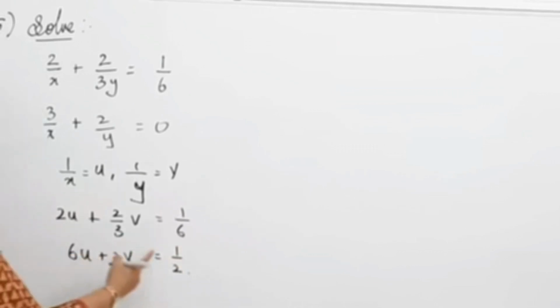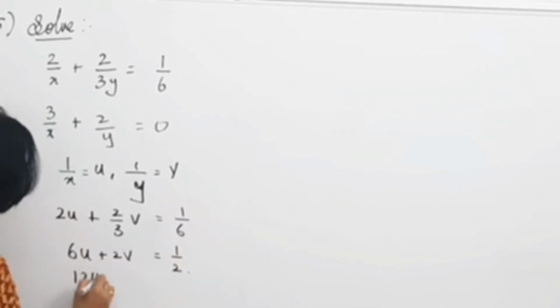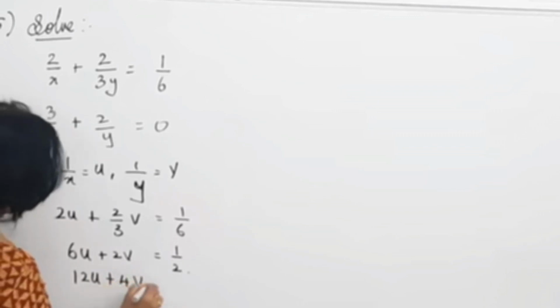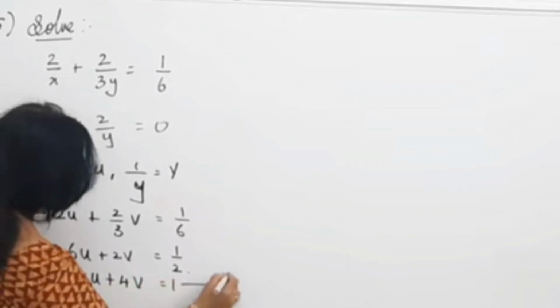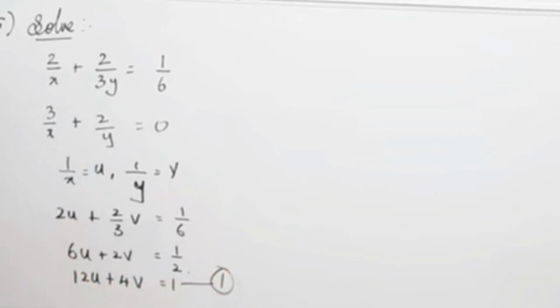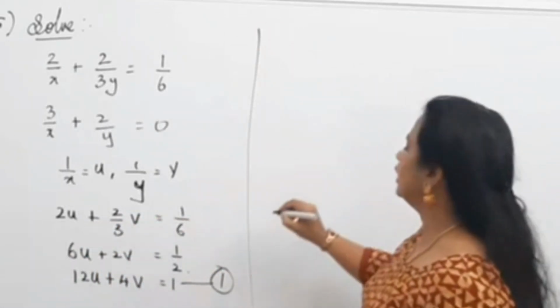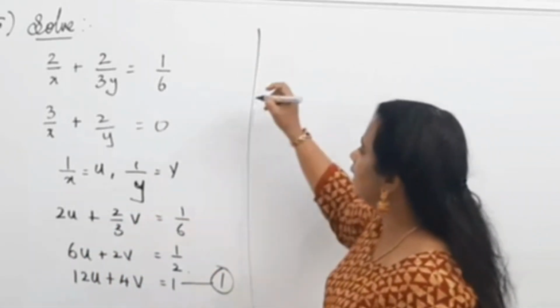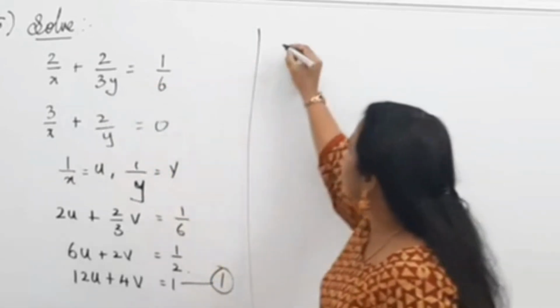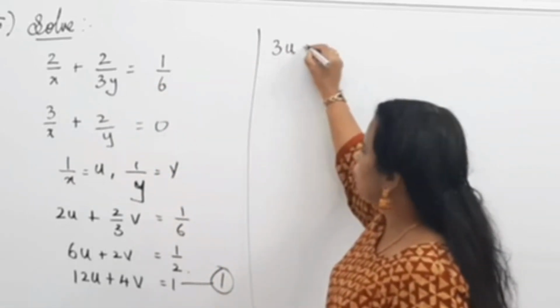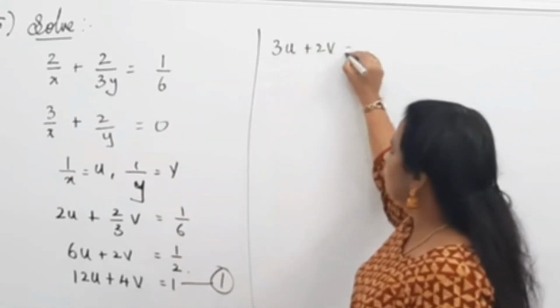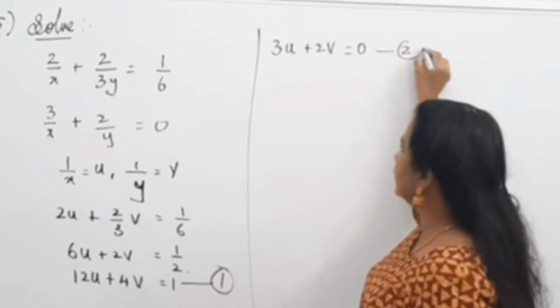And again I take it as the simple equation. So 12u plus 4v is equal to 1. That's my first equation. And I go for the next equation. On simplification, I would multiply this as 3u plus 2v equal to 0. This is my second equation.